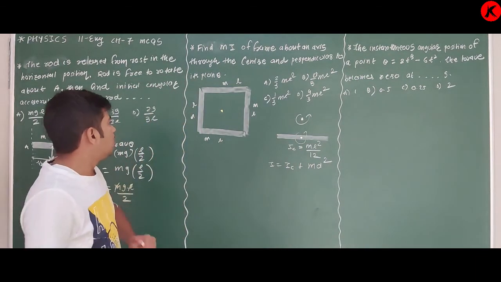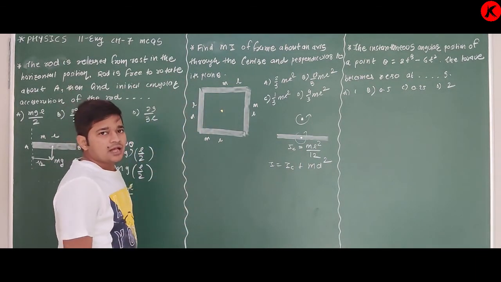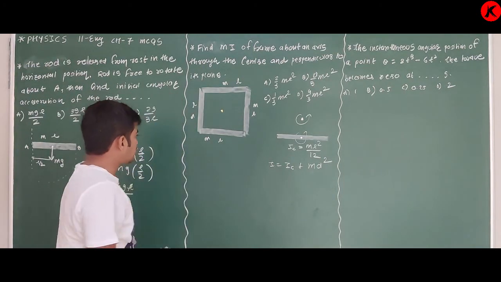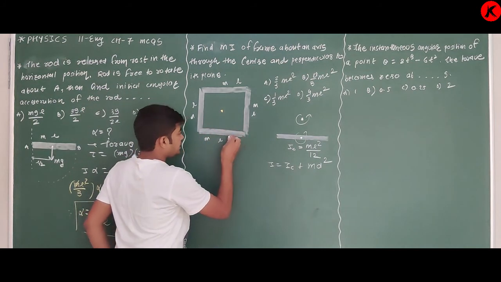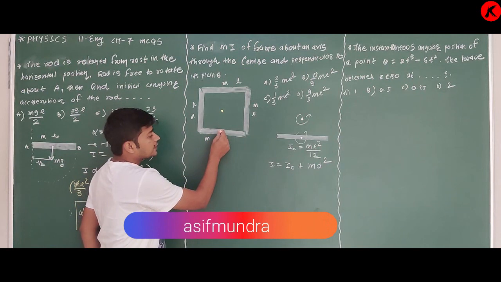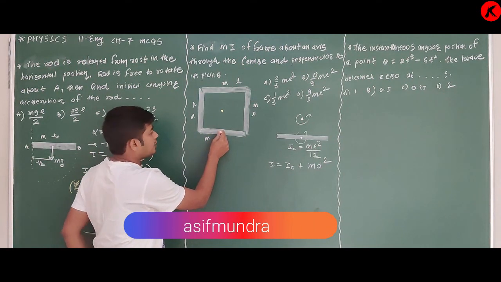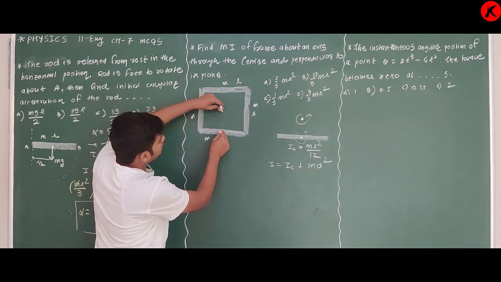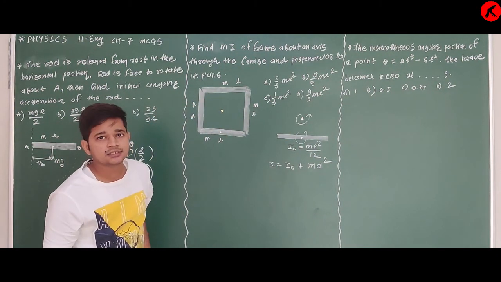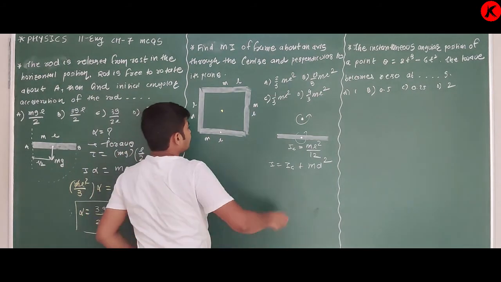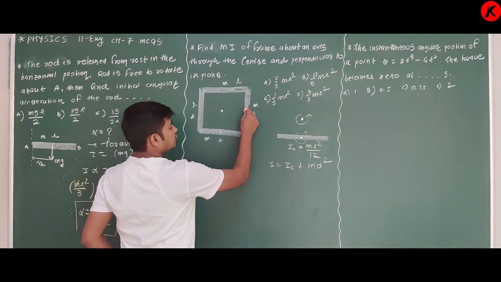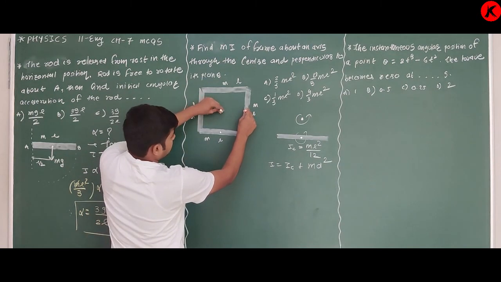Now, this frame is made up of 4 rods. For the first rod, the axis passes through its center and perpendicular to its length, and you have to find the moment of inertia about this axis.